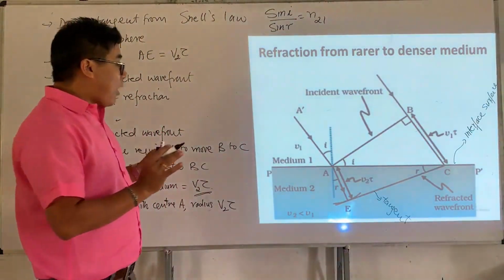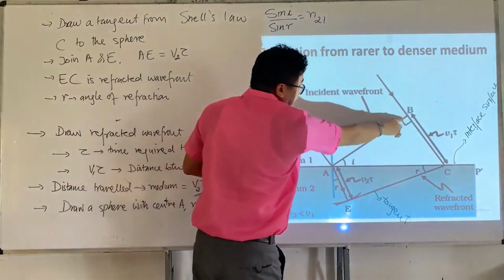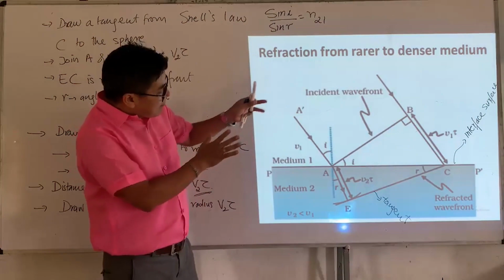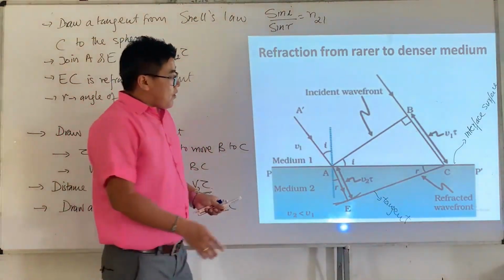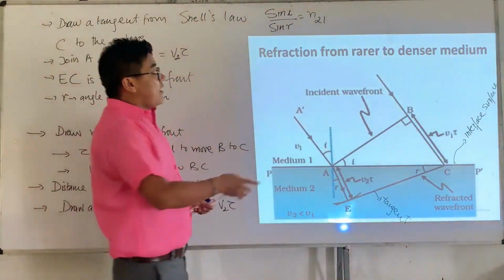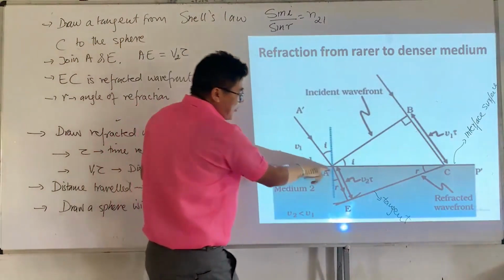Now look at here. This is the incident waveform and this is the refracted waveform. You can see some bending. Why? Because light travels faster in the first medium than in the second medium. So in the first medium, light travels a greater distance. In the second medium, light travels less distance.